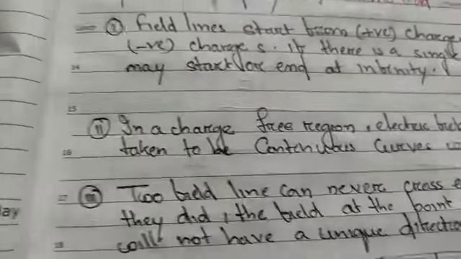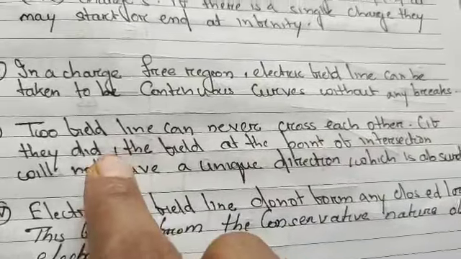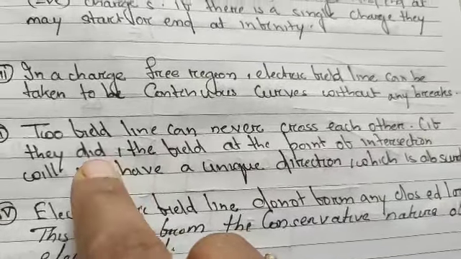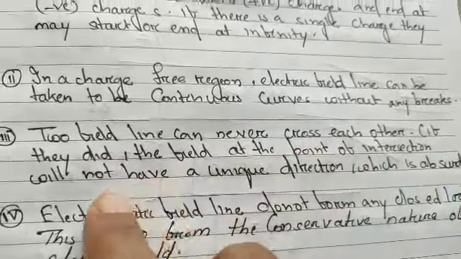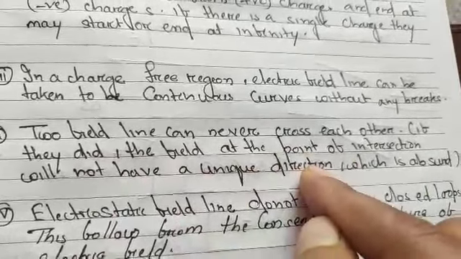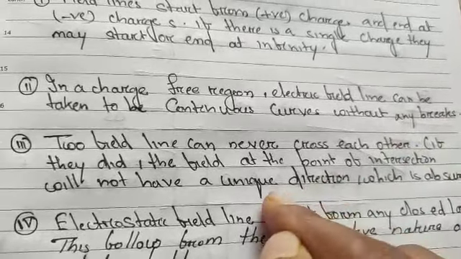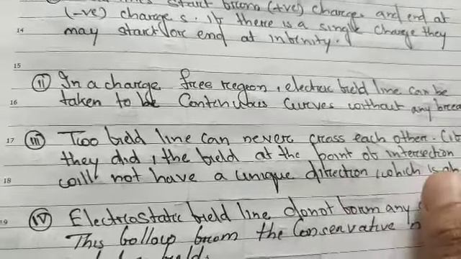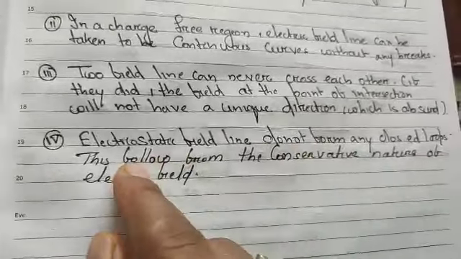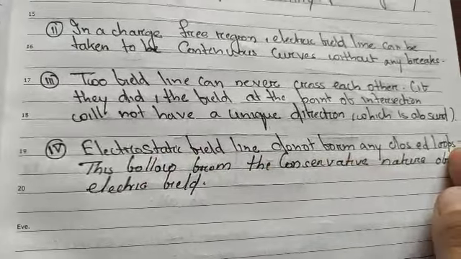So here the conclusion I have written: if they intersect, the field at the point of intersection will not have a unique direction, meaning it will show two directions. But as we know, one electric field line shows one direction, which is wrong. Clear? Okay. The fourth point is that electric field lines do not form any closed loop.